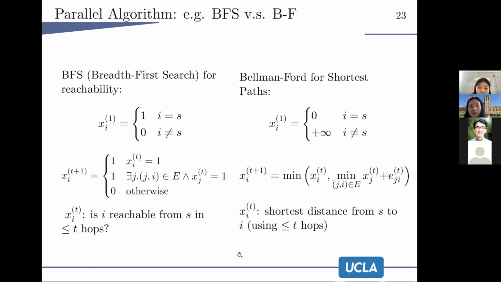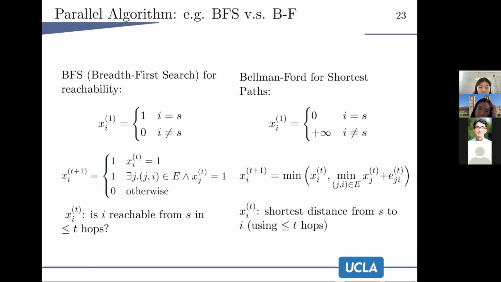Yeah, I am on this page where I put up some algorithm examples, like the breadth first search algorithm for reachability computation. In this case, X starts with all 0 but only 1, which means that in the first step, we only know that the starting point is reachable.